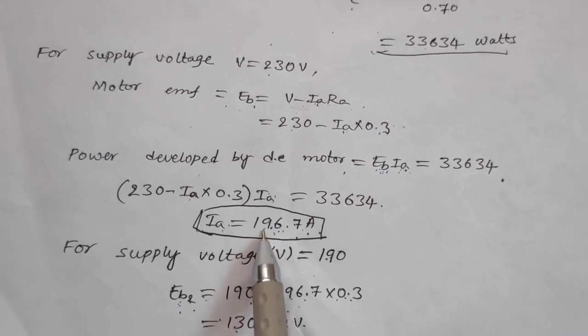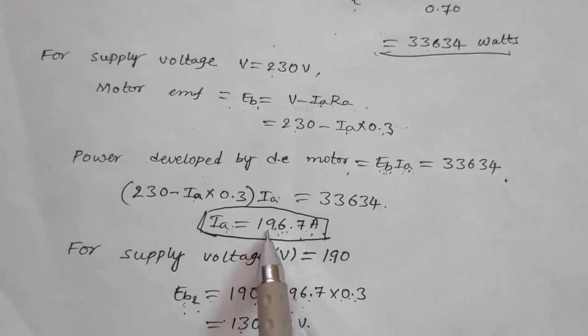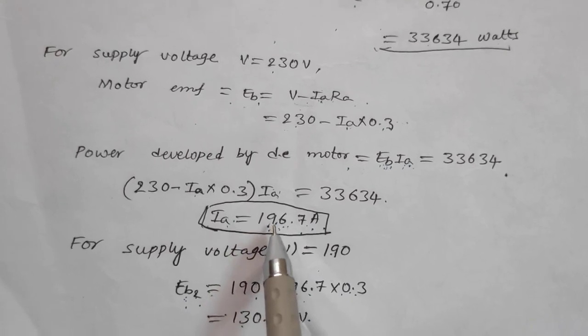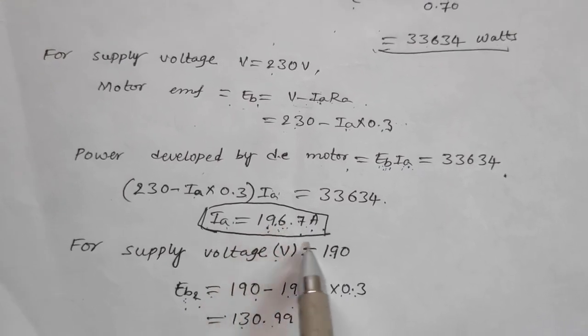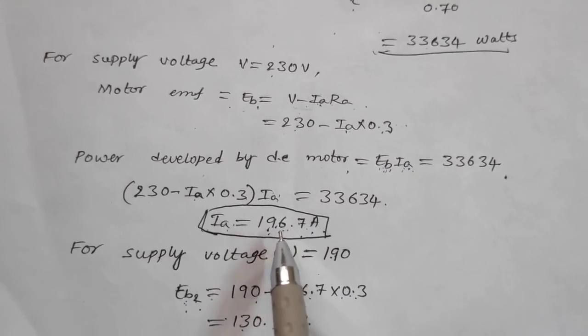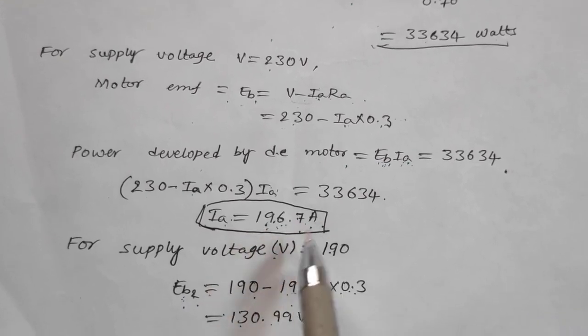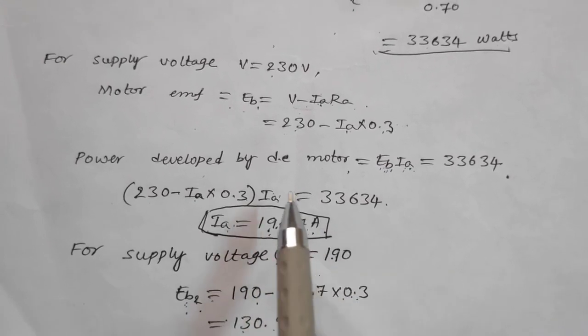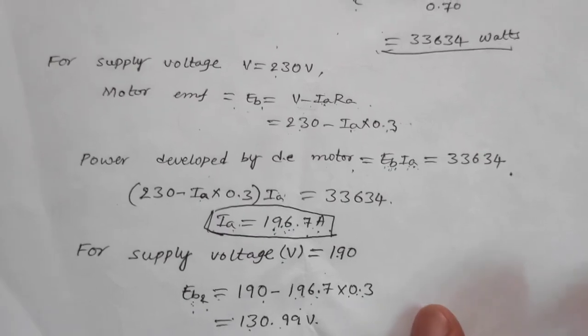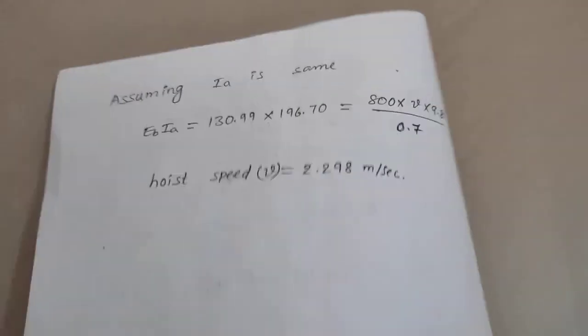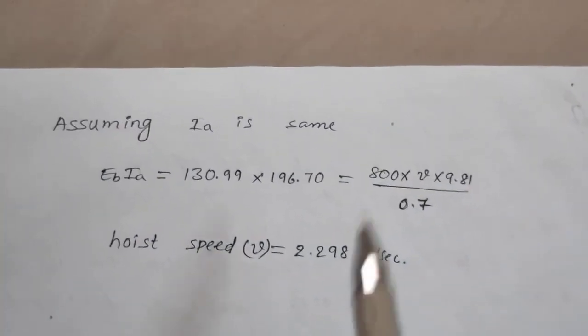EB2 into IA will give the power developed at the DC motor, and what we need to find out is the corresponding hoist speed. To calculate the hoist speed, we need to find the mechanical power developed with the same efficiency, assuming IA is the same.